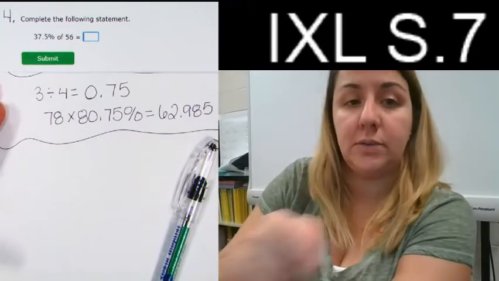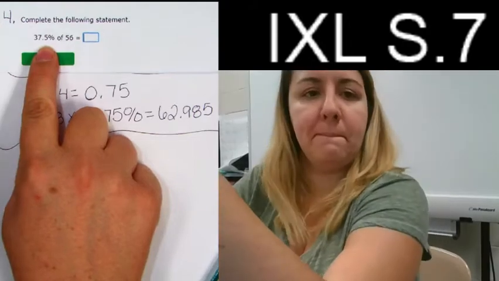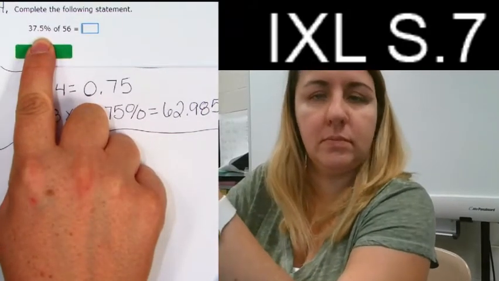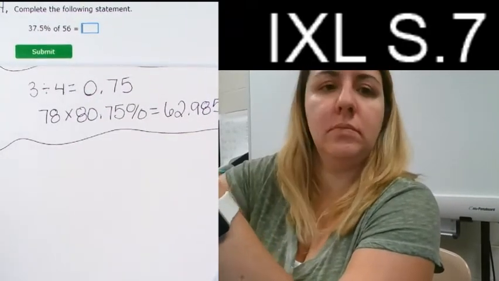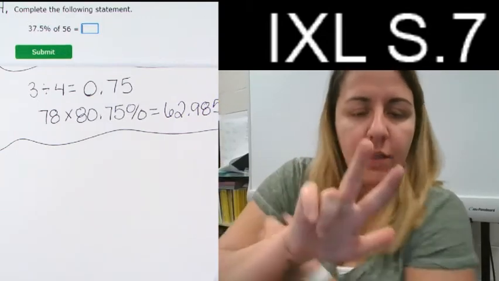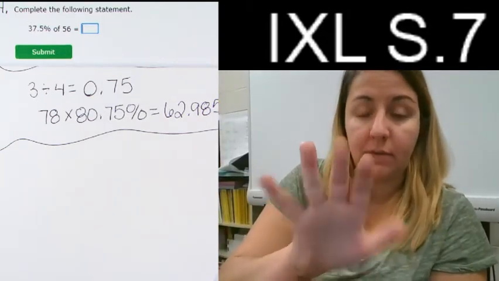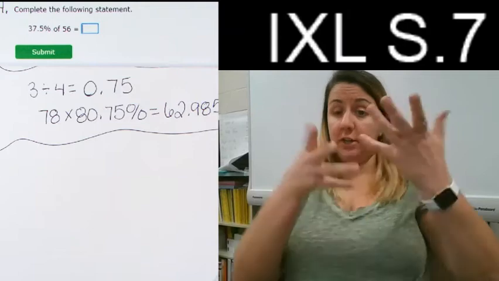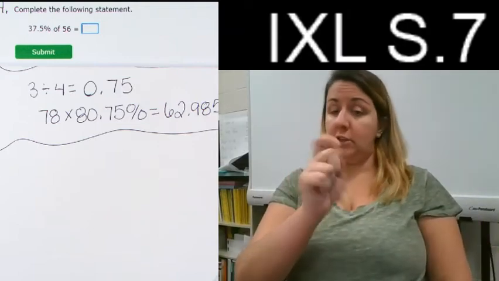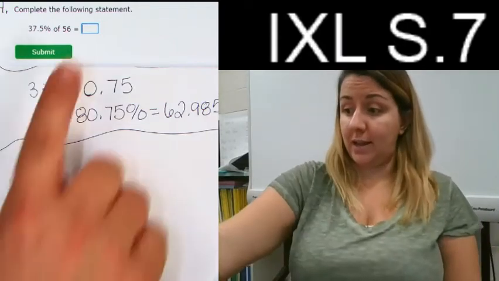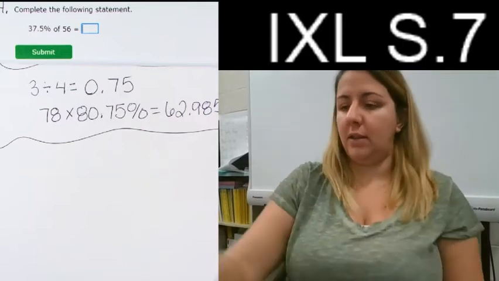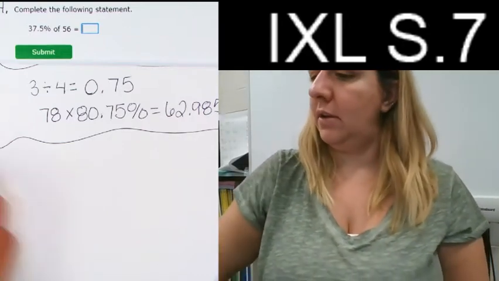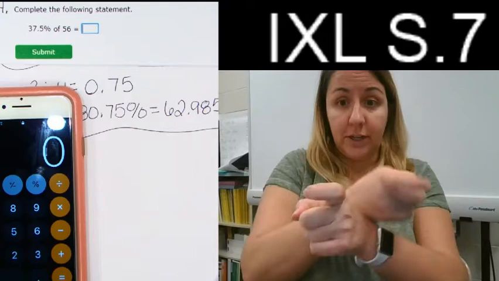So, look at this one. $37.5. We don't have to change our fraction. It's already a decimal. So all you have to do for that is type it in the calculator. Remember to switch the numbers.